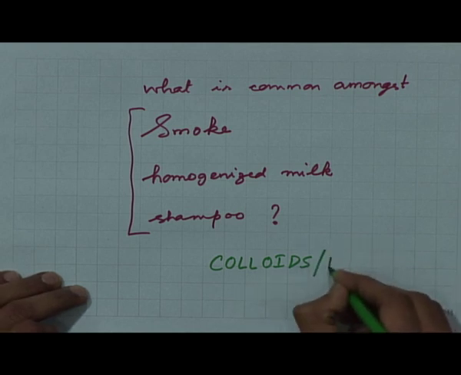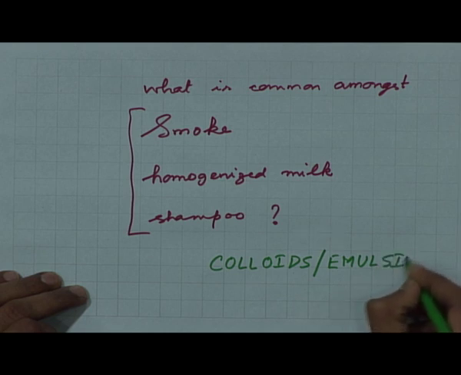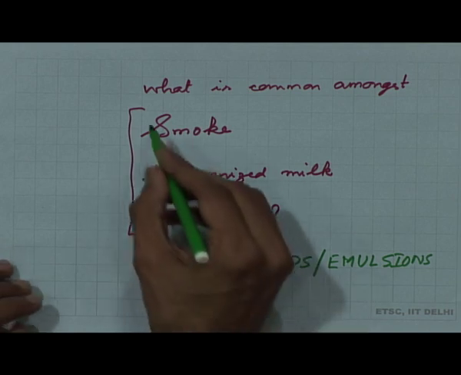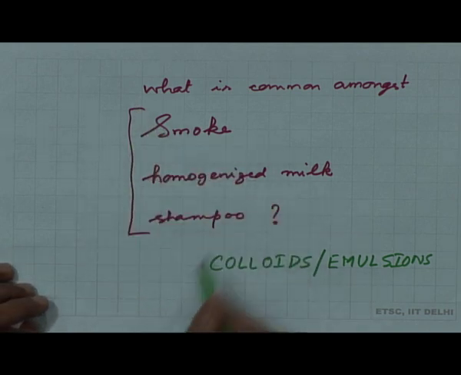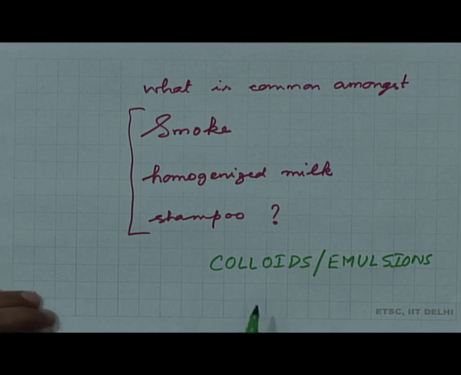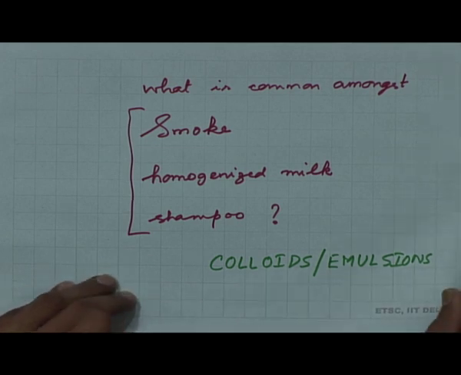Some of them might be called emulsions, but in any case, the common feature amongst these three examples is that they would generally be classified as colloids. So, the question that we have got to first answer is, what is a colloid?